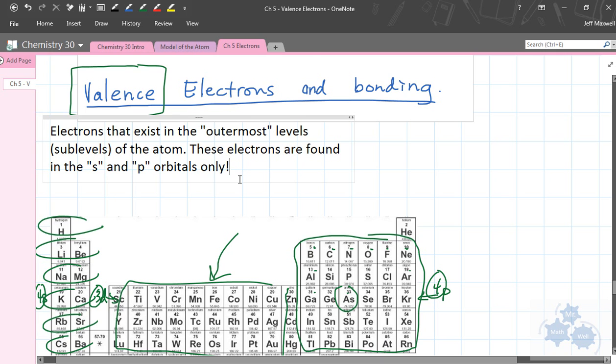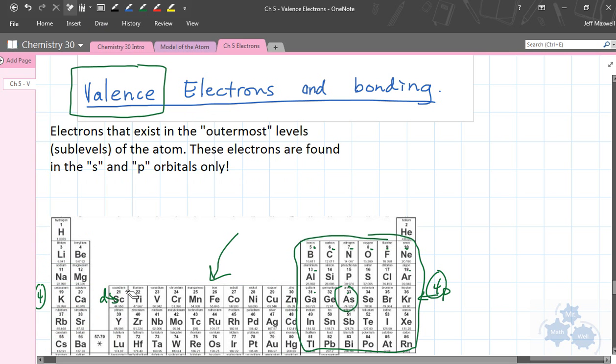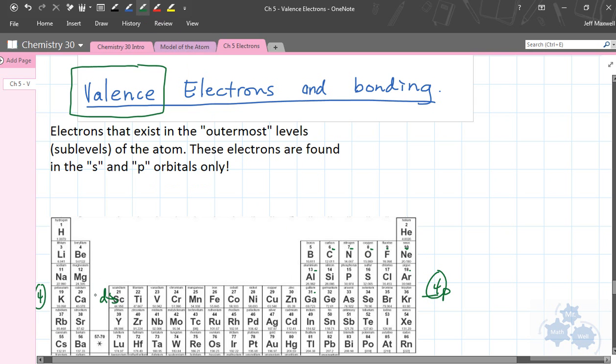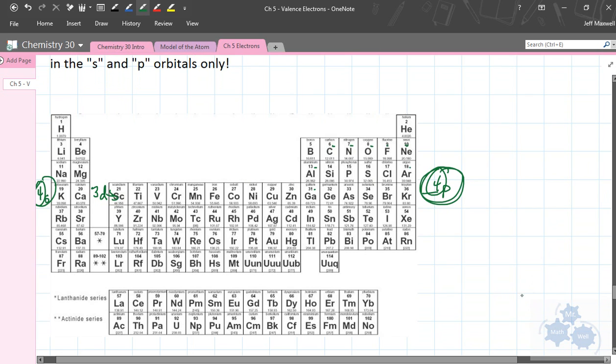So as I began to mention, I'm going to just erase this stuff here, but the s and the p orbitals in any row are always on the highest energy level. Even if we take a look at the lanthanide series, protactinium here, let's take a look at this one right here. This is in the 4f orbital. So what number is that?